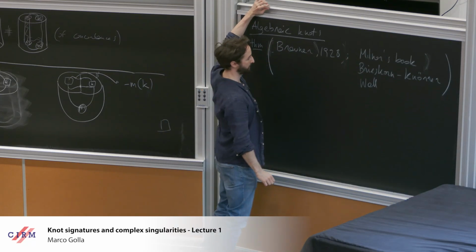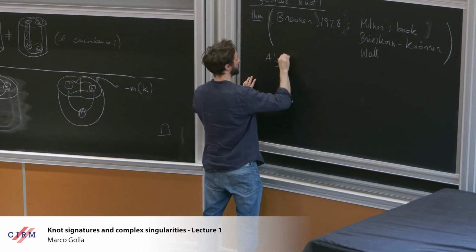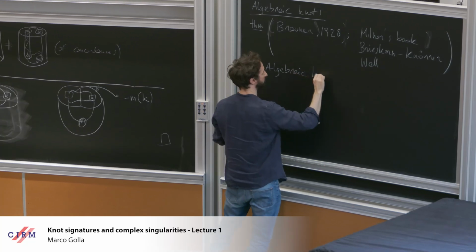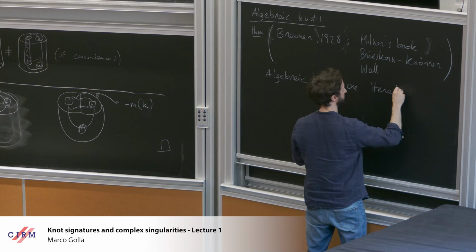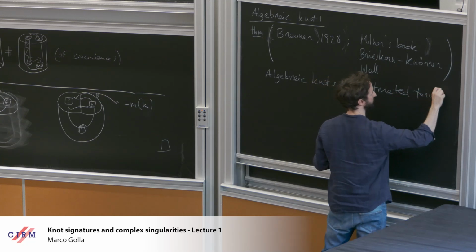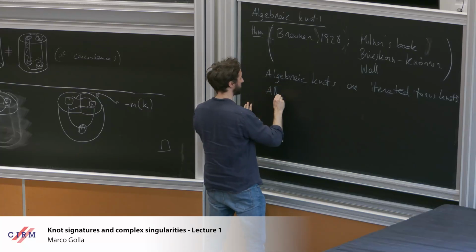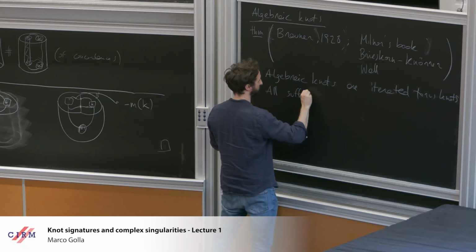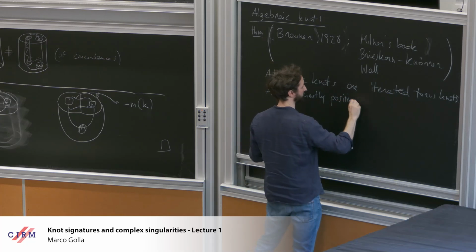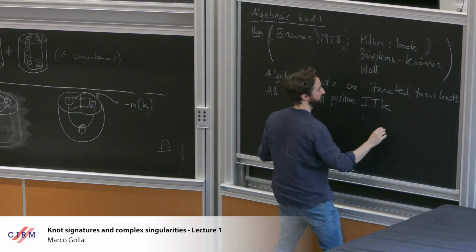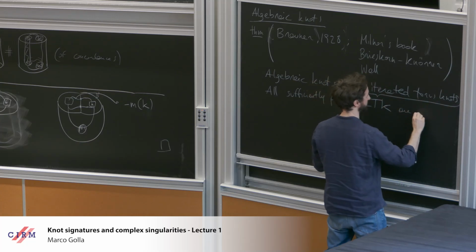So what's the theorem? Algebraic knots are iterated torus knots, and all sufficiently positive iterated torus knots, let me abbreviate this with ITK, are algebraic.